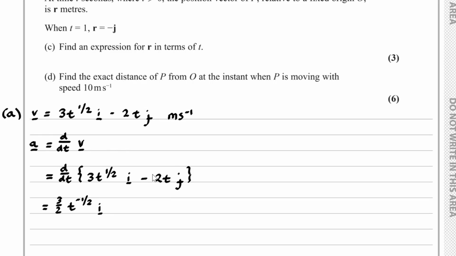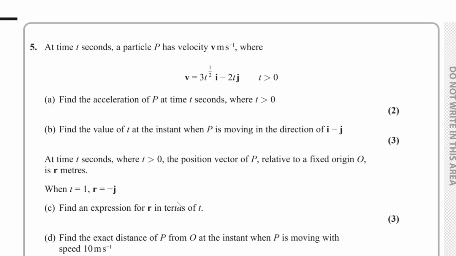And if I differentiate minus 2t, we end up with minus 2. This is in the j direction. And of course the units, meters per second squared.